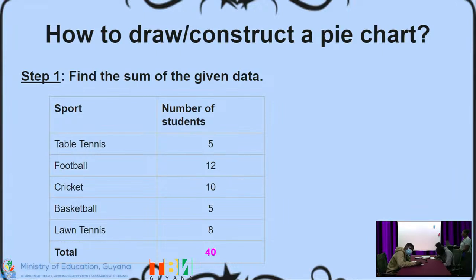On the sports, we have table tennis, 5 students; football, 12; cricket, 10; basketball, 5; lawn tennis, 8. So we have a total of 40.